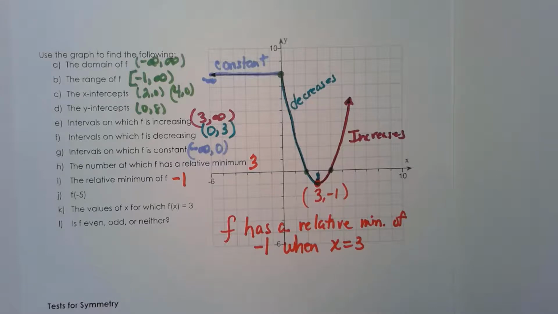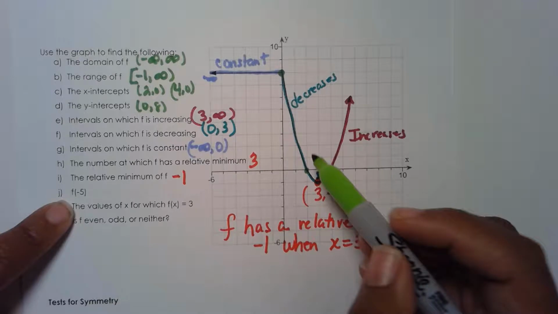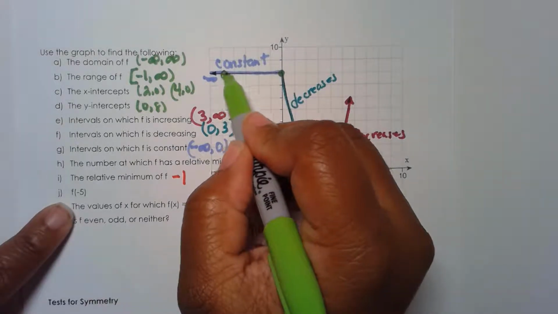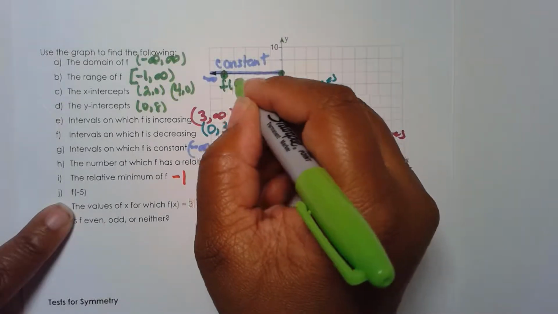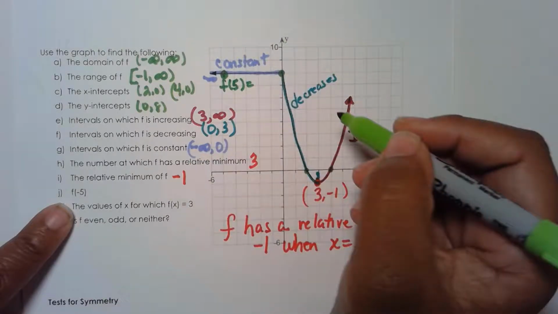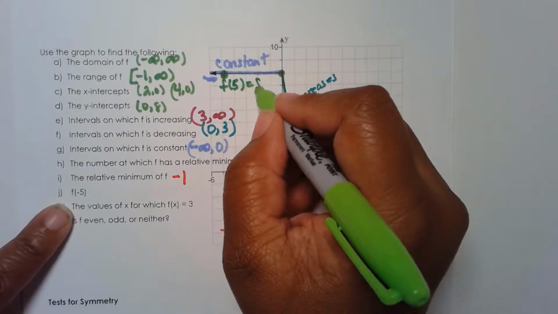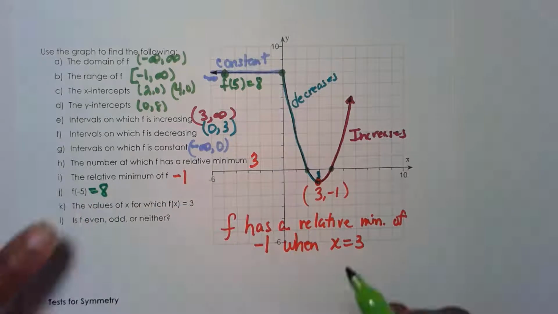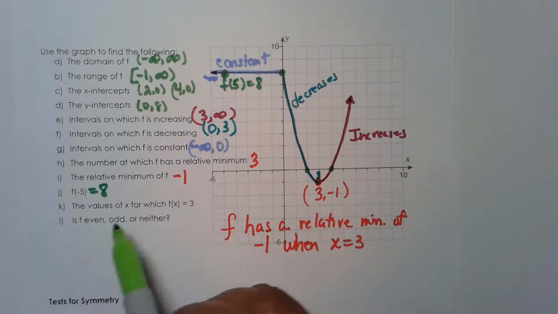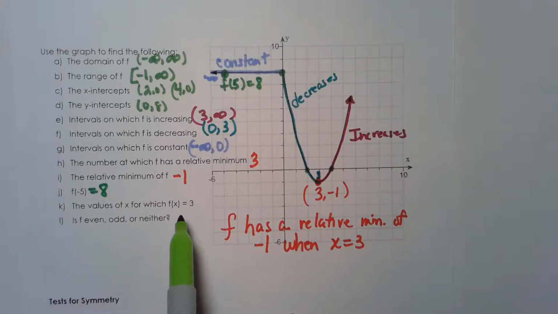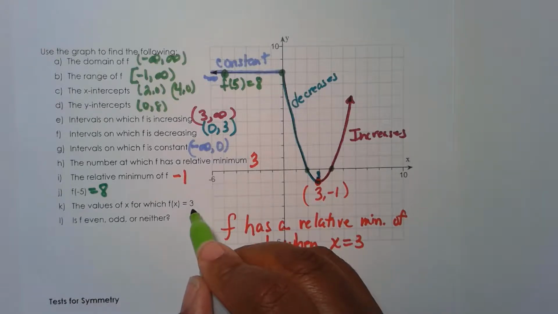Then it says find f of negative 5. This is our x value. Here is negative 5. Then we have a point right here. This is f of negative 5. And then y would be, what is this? 1, 2, 3, 4, 5, 6, 7, 8. So we would say 8. And then for k, the value of x for which f of x is equal to 3. This is your y value.